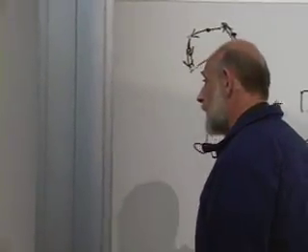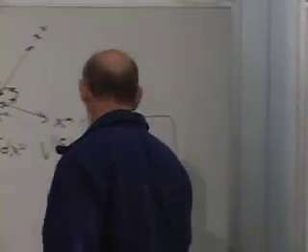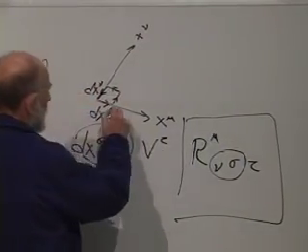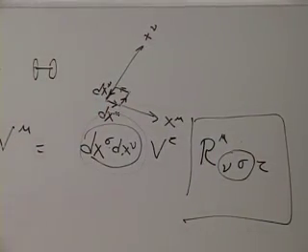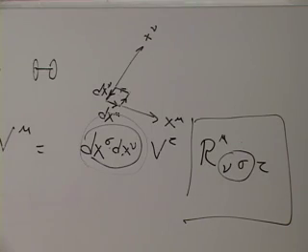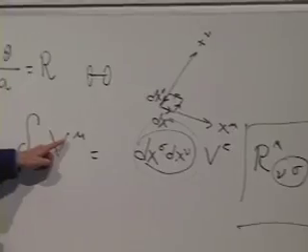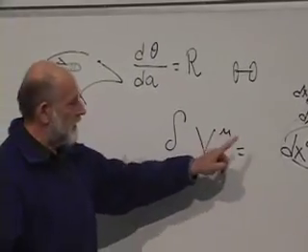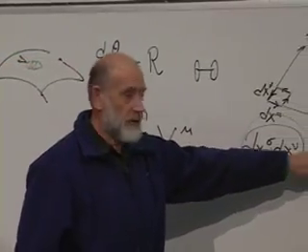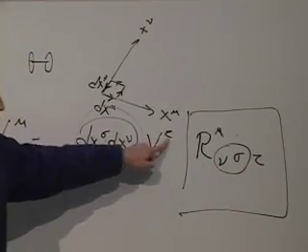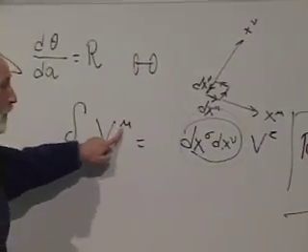Okay, now notice that two of these indices here, nu and sigma, have to do with the plane that you moved around in, the x mu and the x sigma. The other two indices, tau and mu, contract, or they have to do with the indices of V itself. Tau over here goes with tau over here, mu over here goes with mu over here.